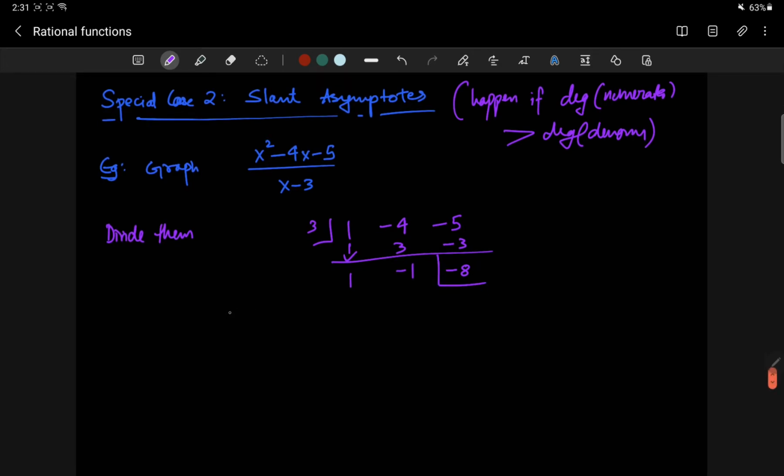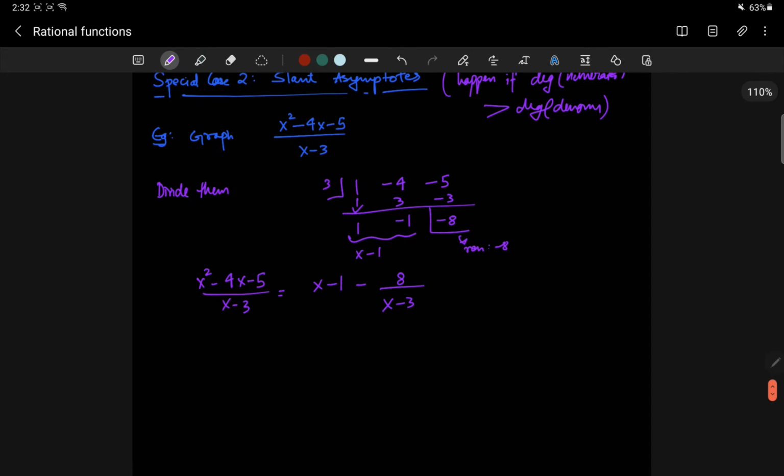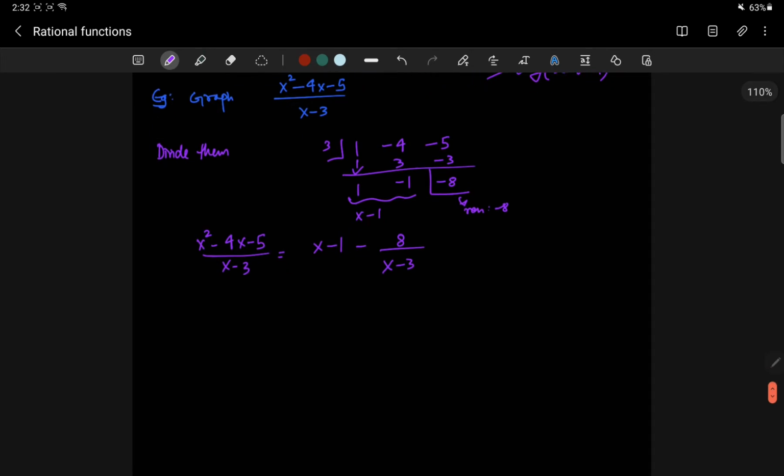So this tells me that the quotient is x minus 1 and the remainder is -8. So this tells me that x squared minus 4x minus 5 over x minus 3 is actually x minus 1 minus 8 over x minus 3. Okay, so this is the function.